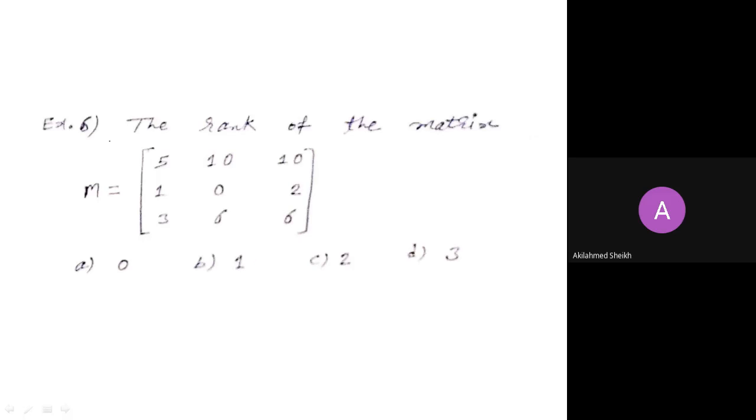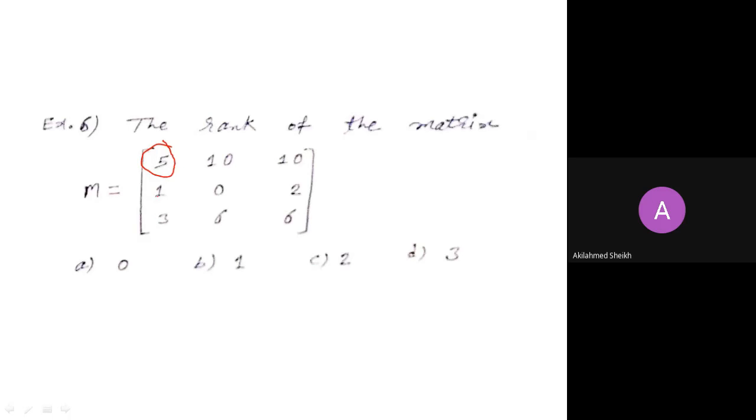Next question: the rank of the matrix M, this is a 3 by 3 matrix, is, now here we have to find the rank of the given matrix. First of all, to find the rank of a matrix, if the first element is 1, then we can easily reduce the elements below it to 0.